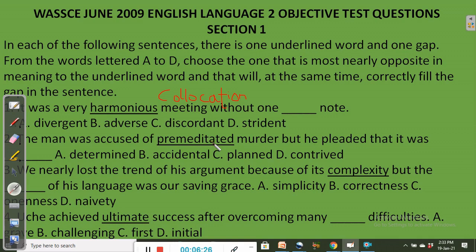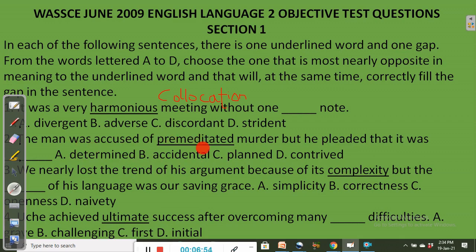Now, what should be the opposite of such a thing? Then again, you have to look at the word murder, the context within which this word has been used. So let's look at the options. A, determine. B, accidental. C, plan. D, contrive. Now, within the context, we discover that B is appropriate.